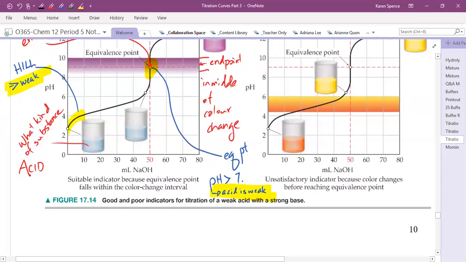Why do we get that pH greater than 7 when we are reacting sodium hydroxide with a weak base, or sorry, with a weak acid? Let's call it HA. Why do we get a pH greater than 7 at the equivalence point when we have reacted all of the acid and all of the base, and these are all gone?